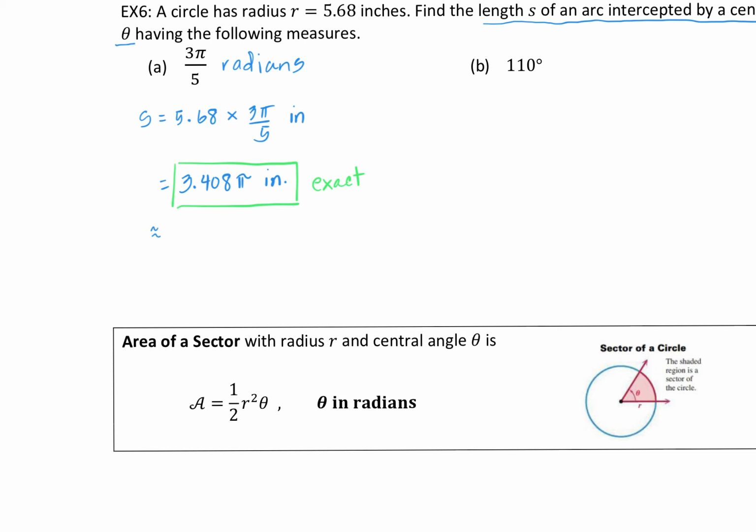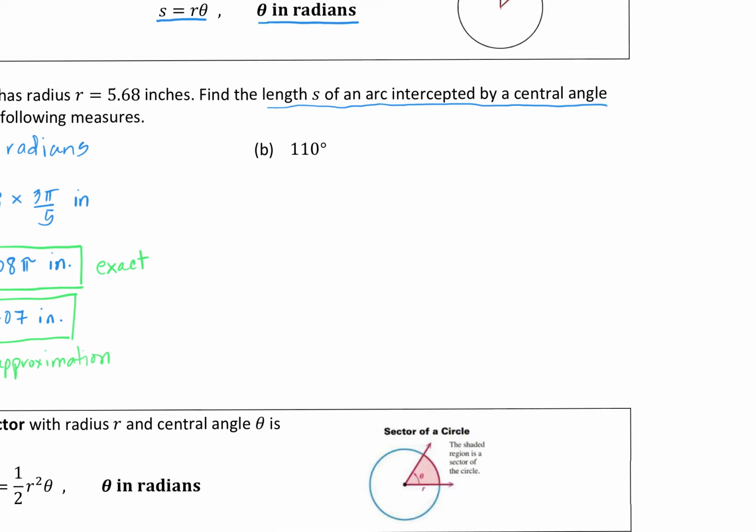So if I did 3.408 times pi in my calculator, and I'll go out to 3 decimal places, it's 10.707 inches. So this is an approximation. Just be careful when you're doing assignments, whether they ask you to round the answer or give an exact answer.